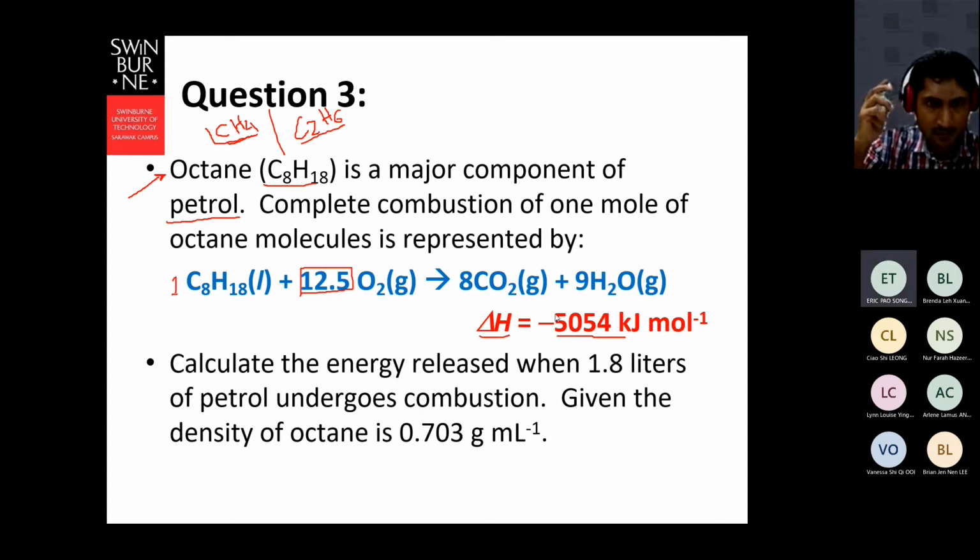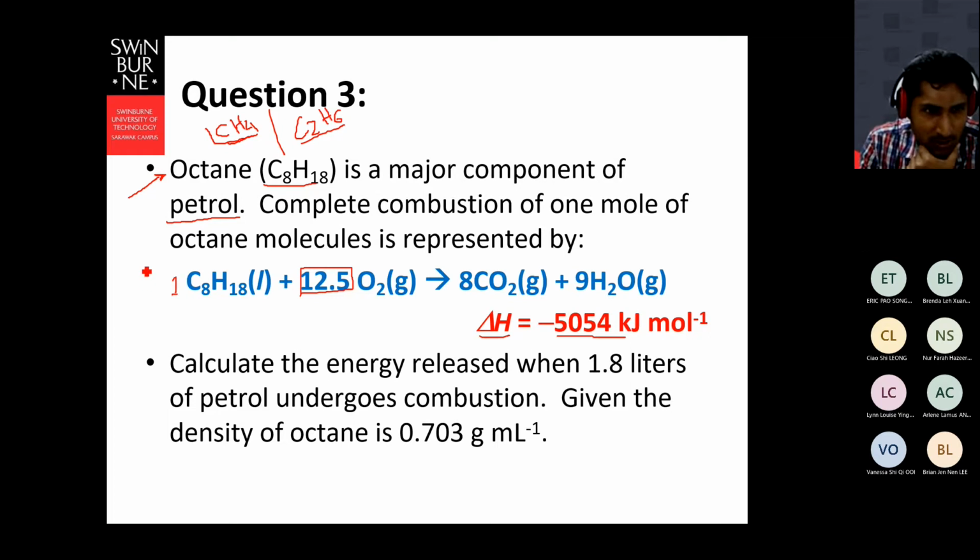Sorry, Eric? 400 gram. 400 gram of oxygen, and if we consider the atmospheric condition, how many milliliters or liters would that be?